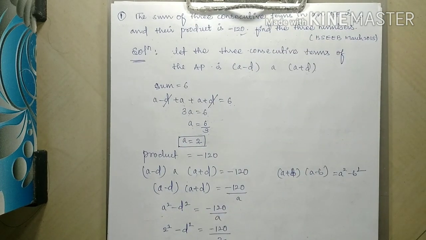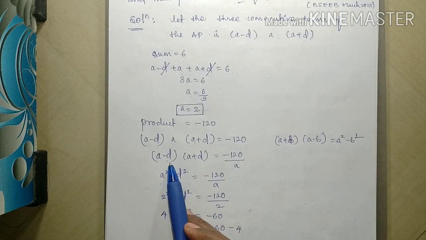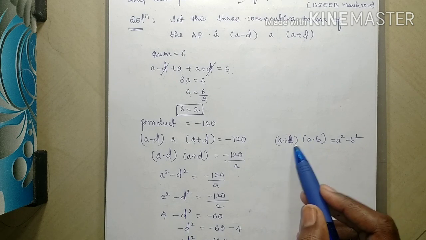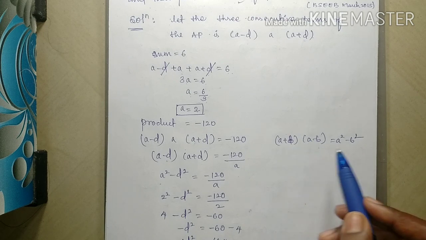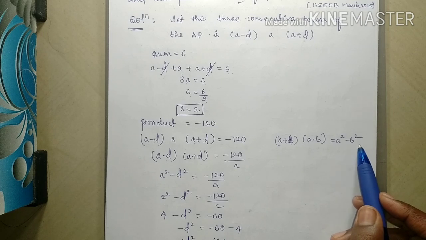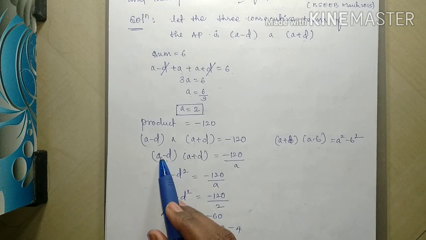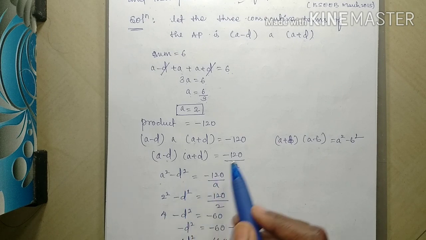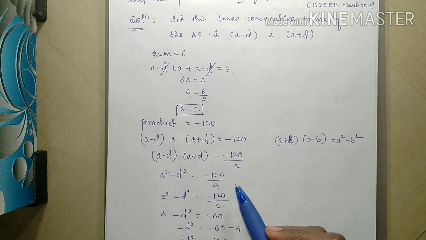Now let me keep a minus d and a plus d on this side itself, and a will go to the denominator. Now this is of the form of the identity a plus b into a minus b equals a square minus b square. So that is here a square minus d square, equal to minus 120 by a.